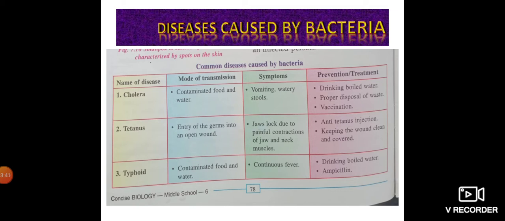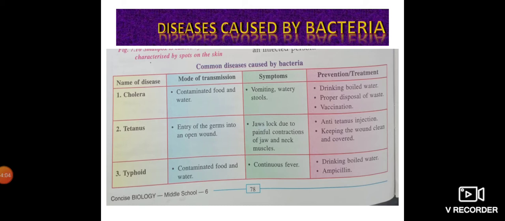Next is pneumonia. Pneumonia is another bacterial disease which mainly affects the lungs. And next is cholera. Cholera is transmitted through contaminated food and water.